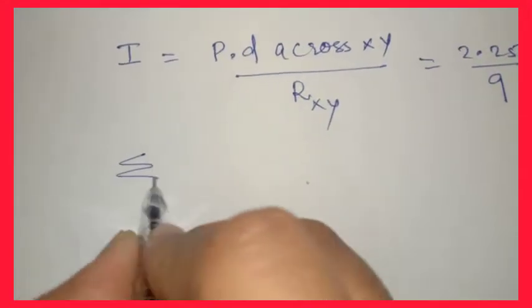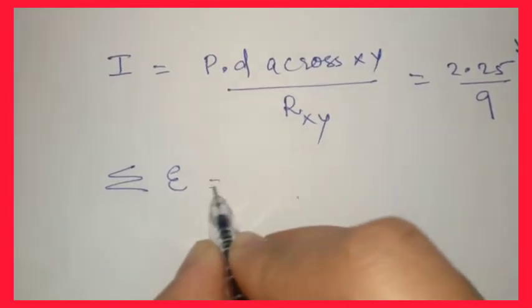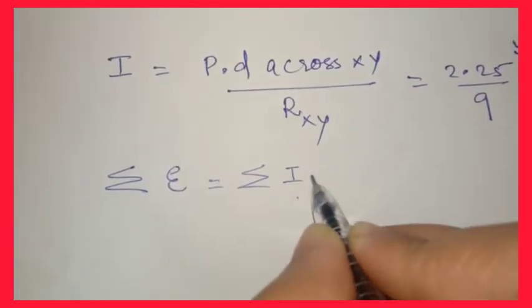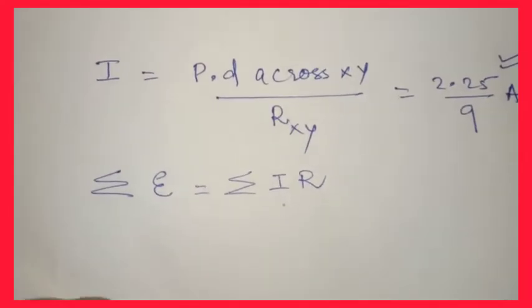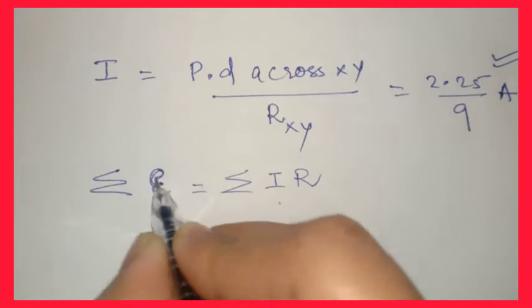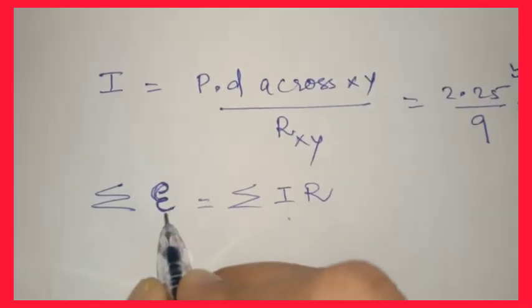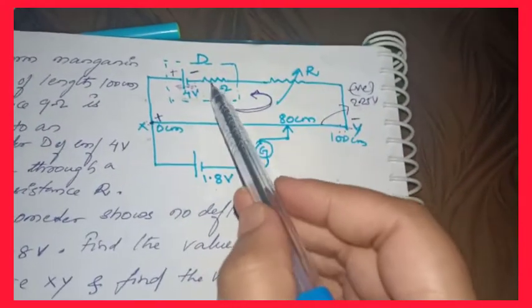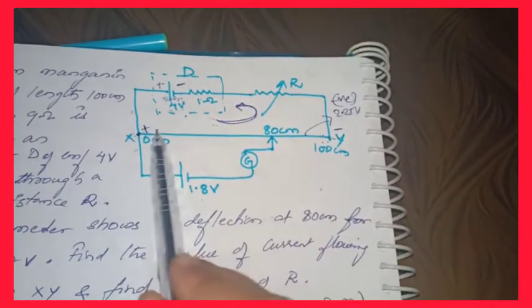We know KVL as total EMF or voltage in a circuit or a loop is equals to sum of current and resistance in that circuit. So students, this EMF or the total voltage is voltage due to the accumulator and the potential difference across XY for the upper circuit. So how many voltages are there? 4 volts, and the potential difference across XY.